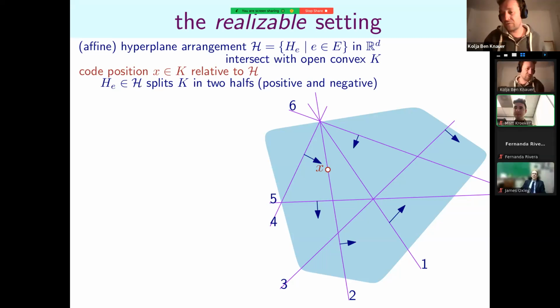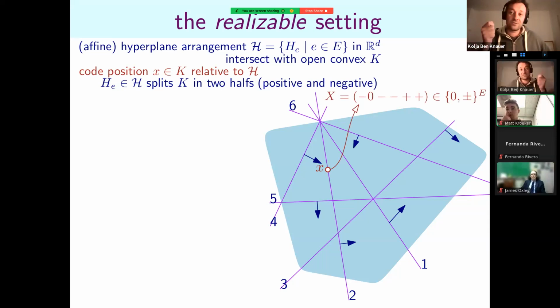First, every hyperplane splits this convex set into two halves. I assign, arbitrarily, one side positive, the other negative. Now X gets assigned a sign vector, which has a coordinate for every one of the hyperplanes.